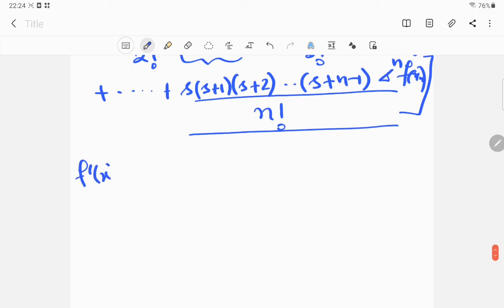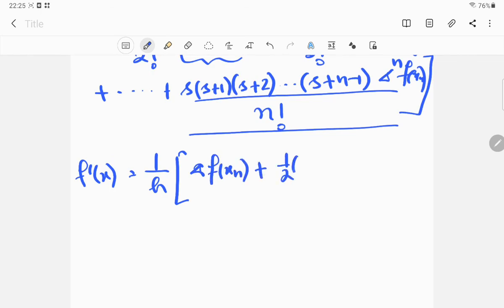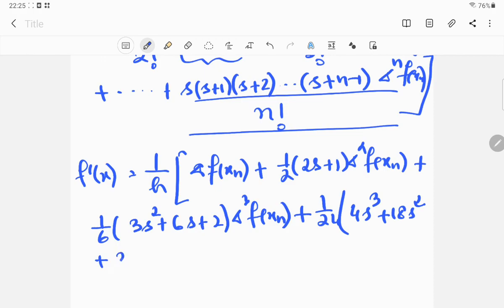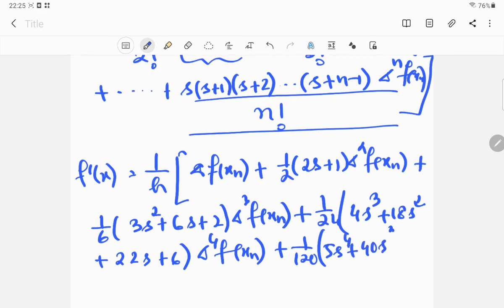So what remains is 1 by h del fxn plus 1 by 2 twice s plus 1 del 2 fxn plus 1 by 6 (3s square plus 6s plus 2) del 3 fxn plus 1 by 24 (4s cube plus 18s square plus 22s plus 6) del 4 fxn plus 1 by 120 (5s to the power 4 plus 40s cube plus 105s square plus 100s plus 24) del 5 fxn.